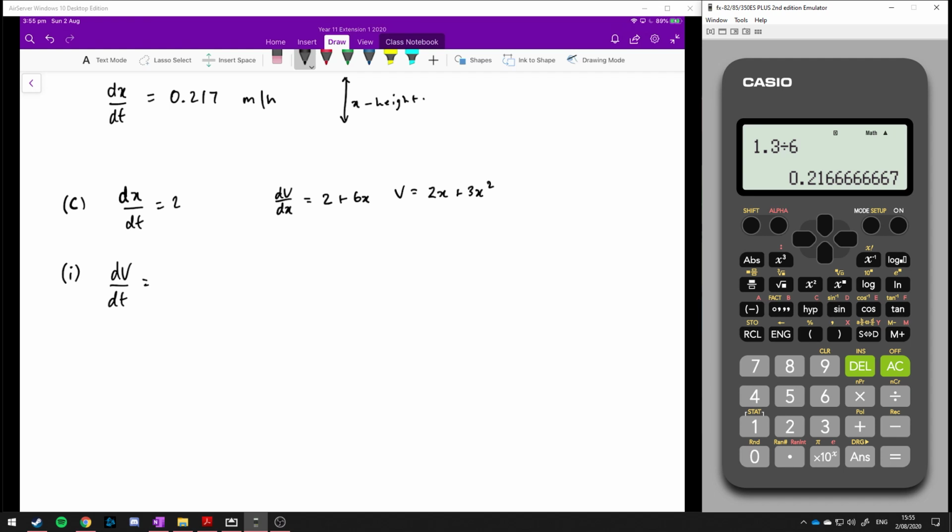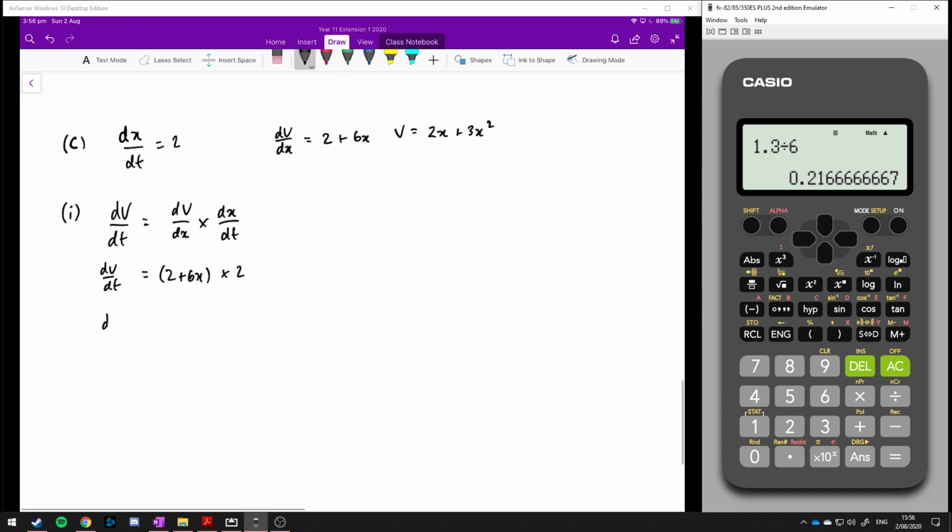That means that dv dt, which was equal to dv dx times dx dt, we can substitute these values in. So dv dt is equal to 2 plus 6x times 2, so dv dt is equal to 4 plus 12x.